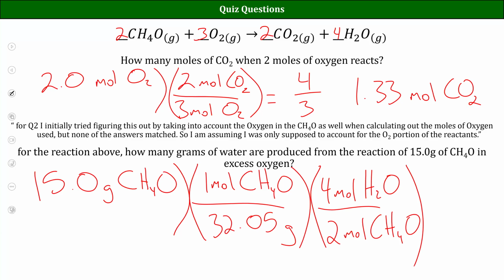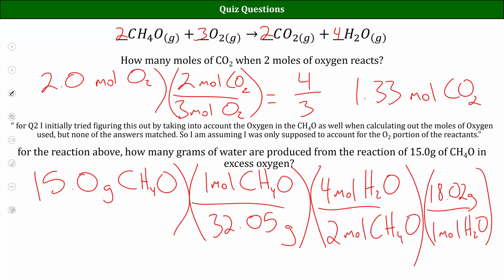And if we wanted to, we could even do the last step to go from moles of water to grams of water, 15.02. Because we know the formula of water is H2O, just like with our hydrate lab last week, we can figure out how many moles of water we have.